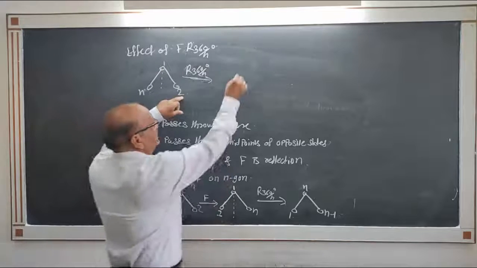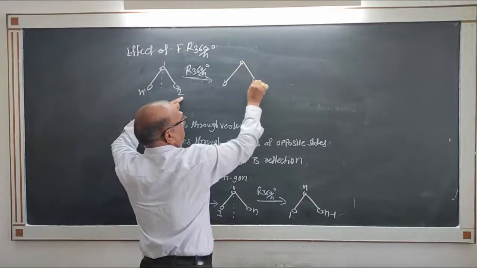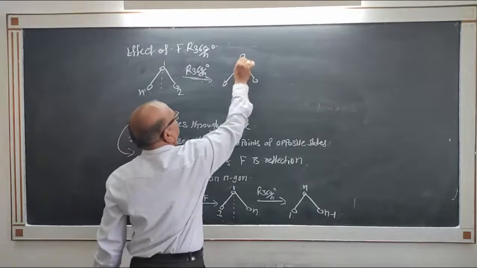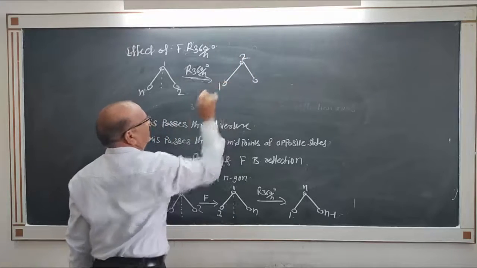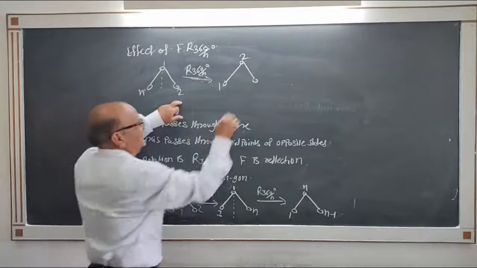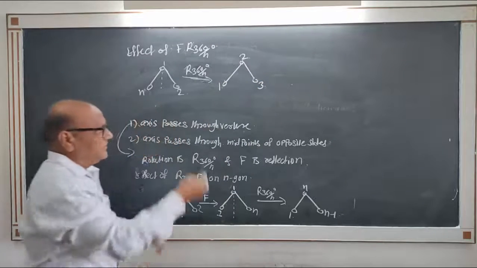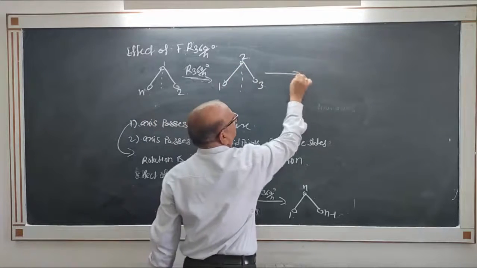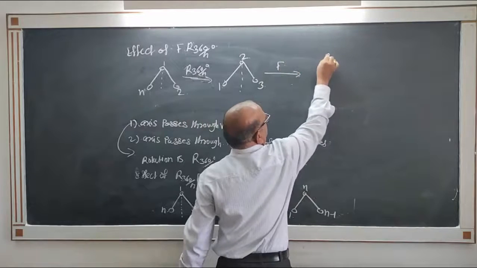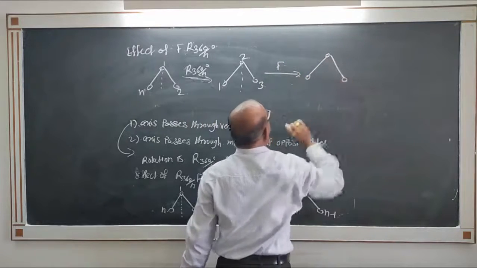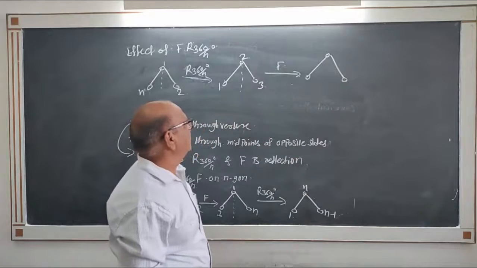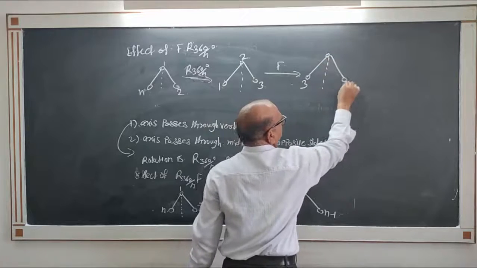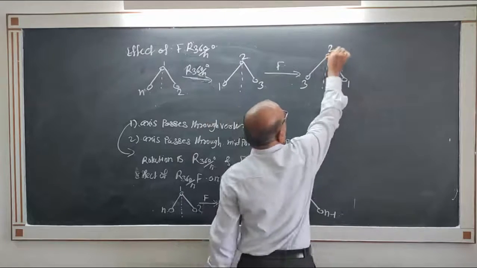First rotation gives 2, 1, here 3, rotation counterclockwise, and then reflection. That means here 3, 1, 2 as it is.